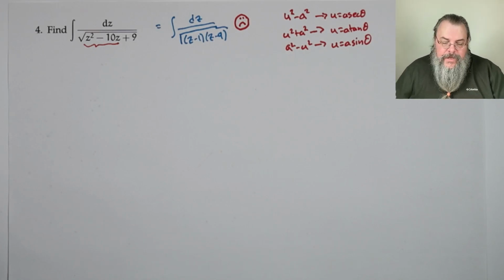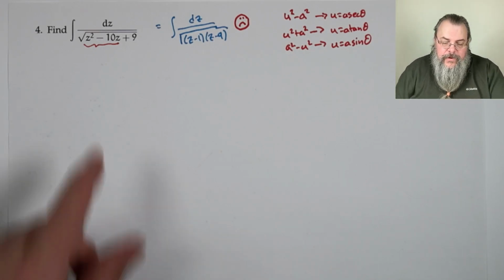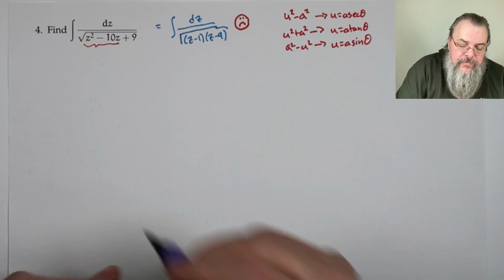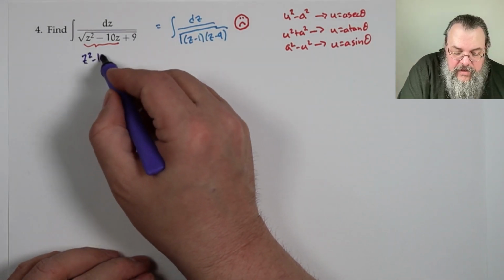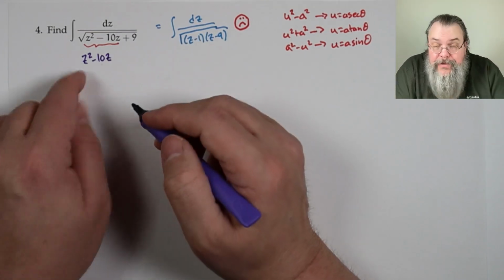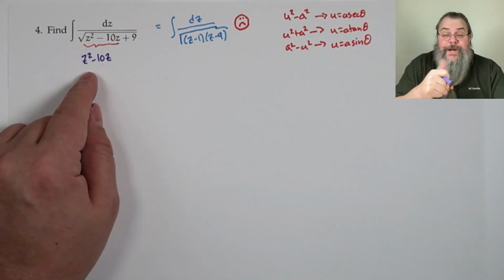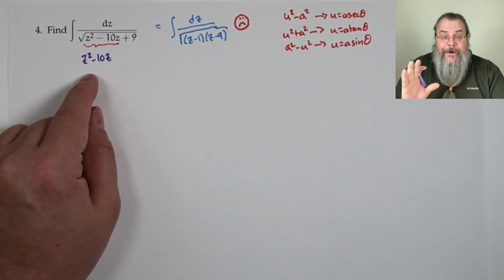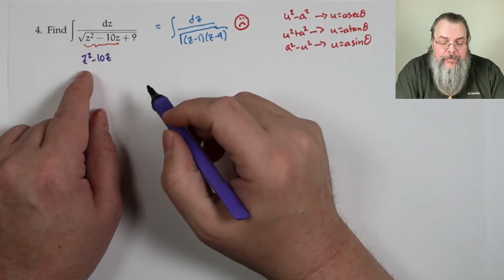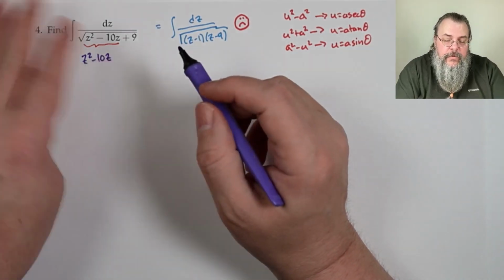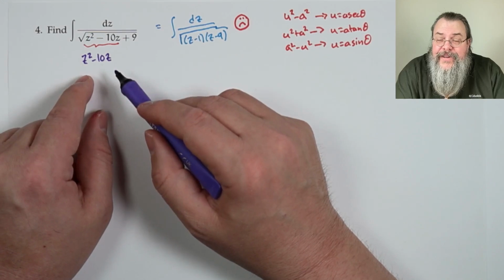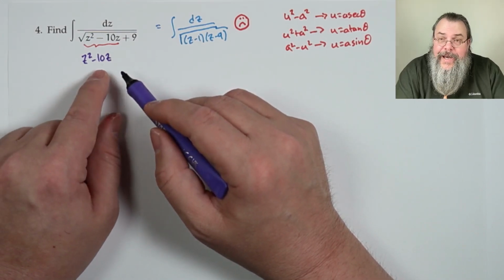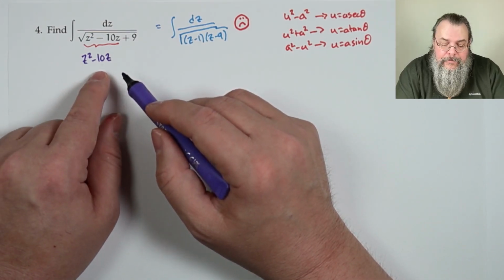Now, when we're completing the square, we're going to focus on the part that looks polynomial. So we're going to say, well, that's z squared minus 10z. And we say, what's in front of that z squared? It's a 1. Good news. We like that 1. Suppose I just saw this, z squared minus 10z. Don't worry about anything else. What do we need to add so that that would be a perfect square?